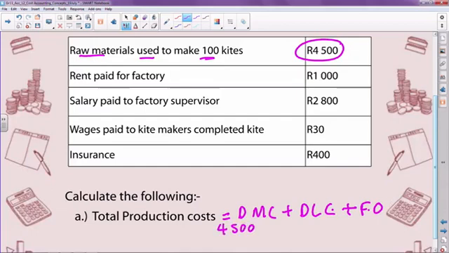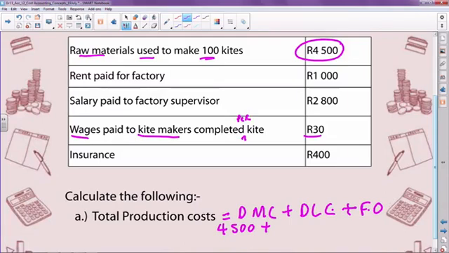Right, now let's look for direct labor cost. So my direct labor cost is obviously the workers who physically made the kites. So if I look further down, the wages that were paid to the kite makers that completed each kite, okay, per kite, an amount of 30 Rand.